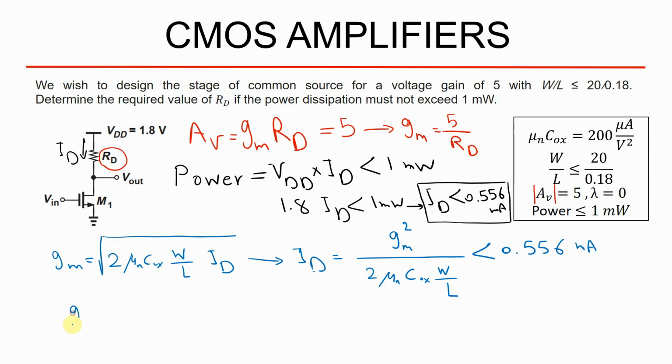So GM squared is less than, or I forgot the equal sign for these ones, I can put the numbers in here: 2 times mu n C oxide, remember that this has to be in milliamp per volt squared, so this is 0.2 milliamp per volt squared times W over L, which is 20 divided by 0.18, times I drain, which is 0.556.